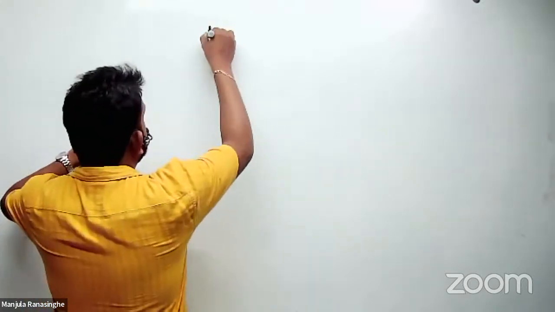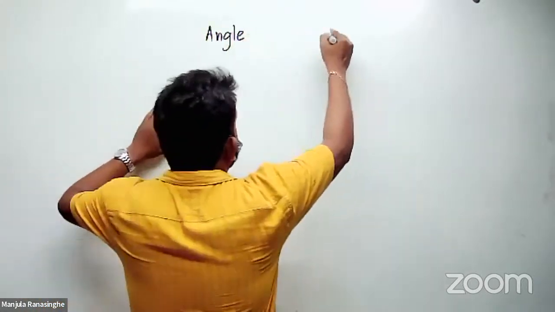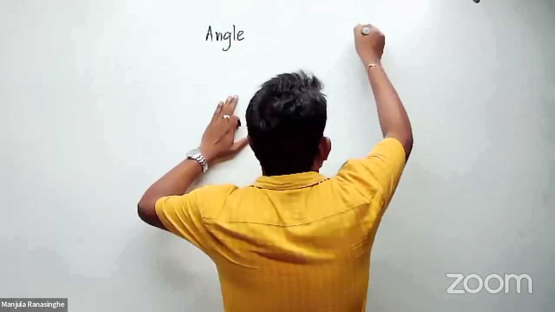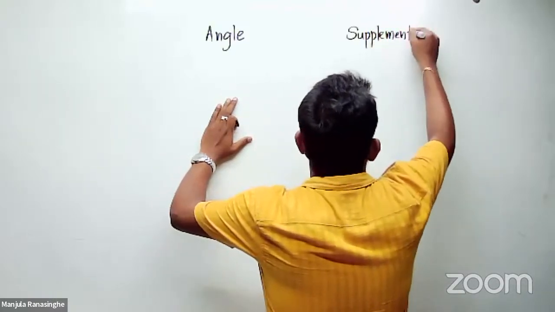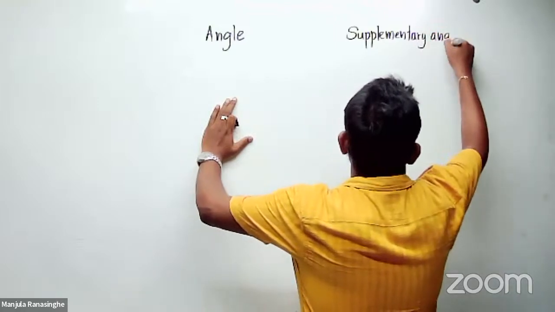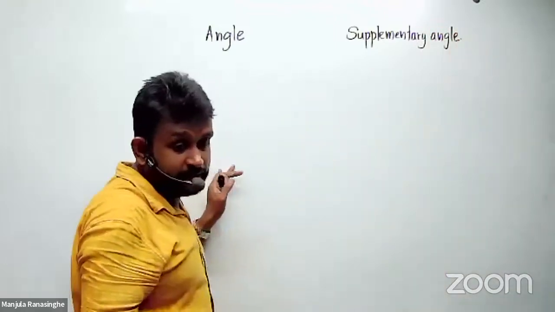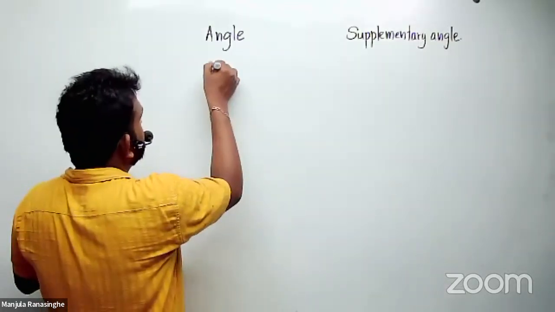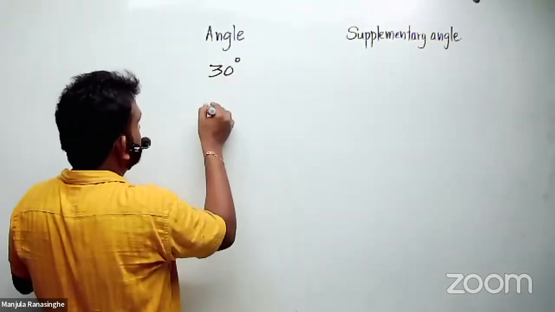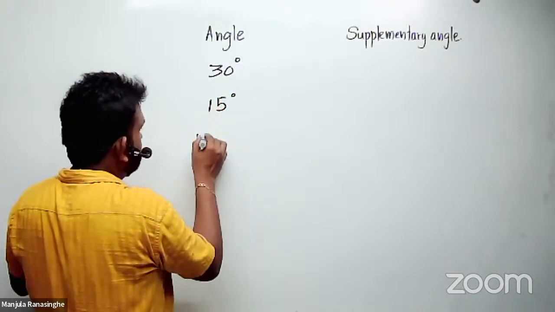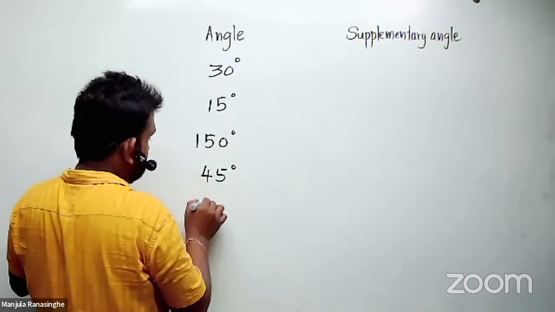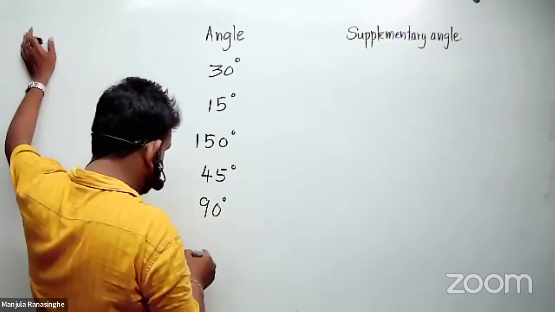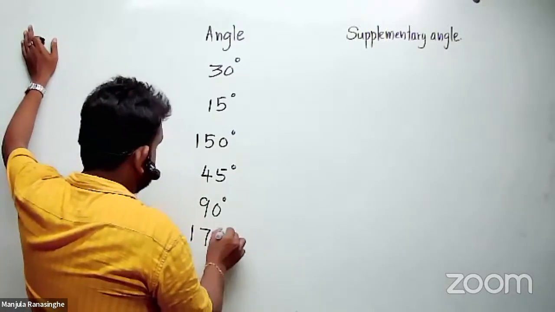Right. So we will match, right? Angle here, supplementary angle. Okay, you have to match here 30 and here 15, here 150 and here 45 and here 90 and here 170.